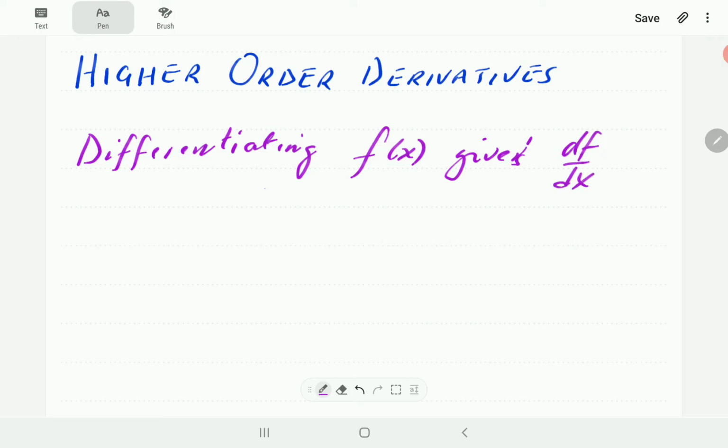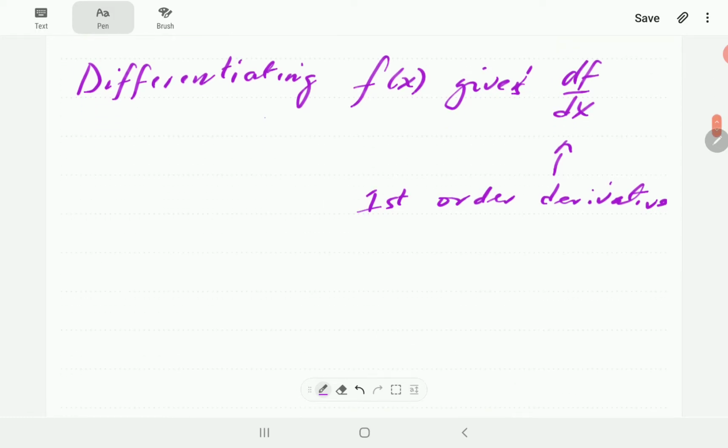We've already seen this before. Now, actually, df dx is the first order derivative. There are other derivatives which are going to be of higher order.